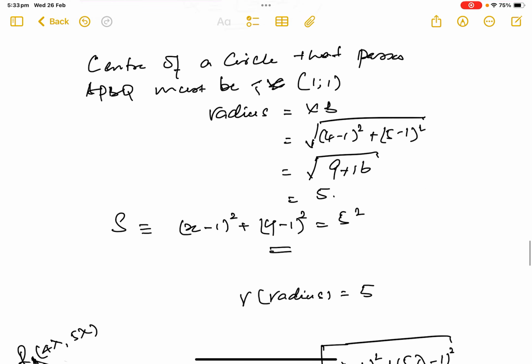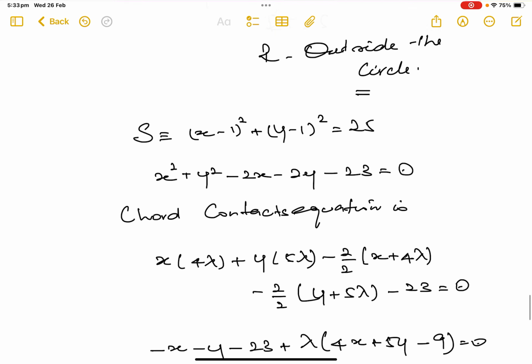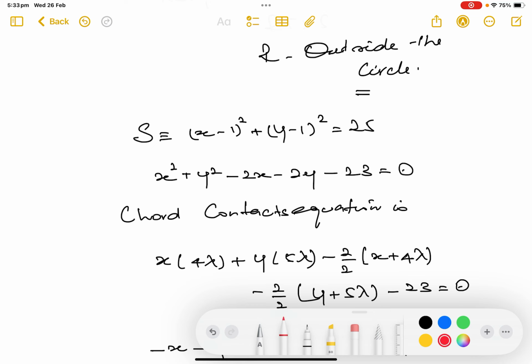It's a standard form, the chord of contact, which I have applied. I just wanted to let you know how that looks.